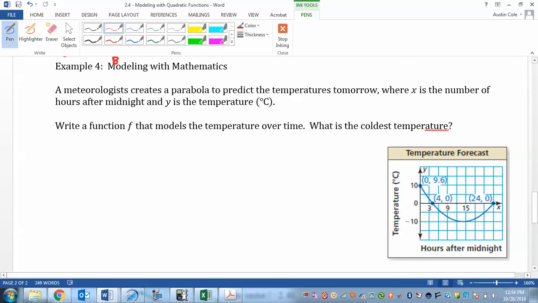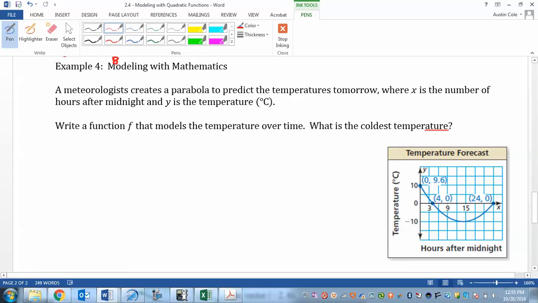What's 12 represent? Well, this is after midnight. So 12 would represent noon the next day. 13 represents 1. 14 represents 2. 24 represents midnight the following day, and so on. Okay? And the temperature here is in Celsius.